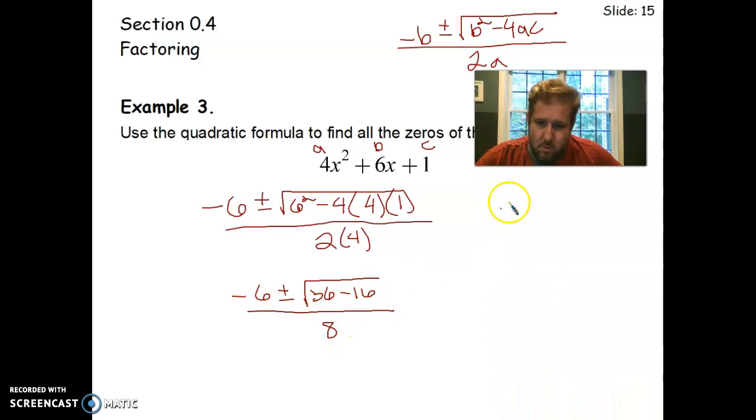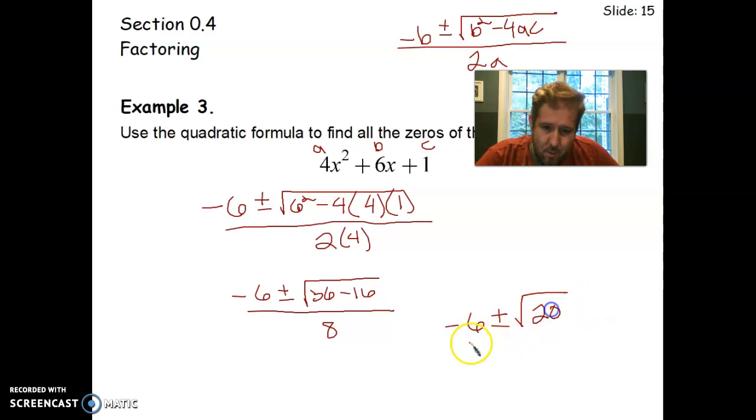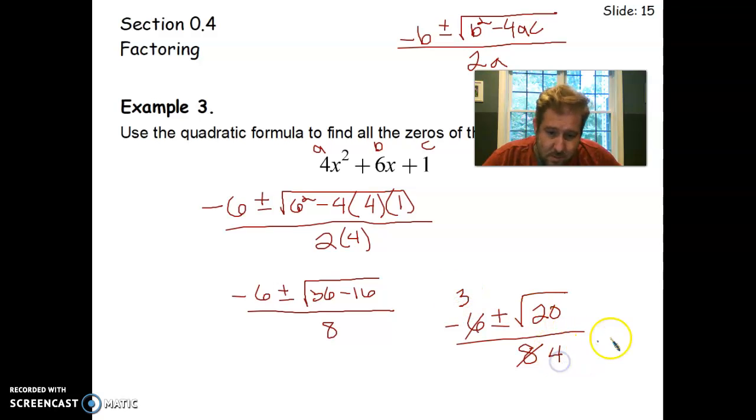So 36 minus 16, so we have negative 6 plus or minus the square root of 20 over 8. Now, the last thing I see here is that I can do 2 things. First of all, the 6 and the 8 can be simplified. 6/8, divide both by 2, gives you 3/4. Okay, so we have negative 3 plus or minus square root of 20 over 4.